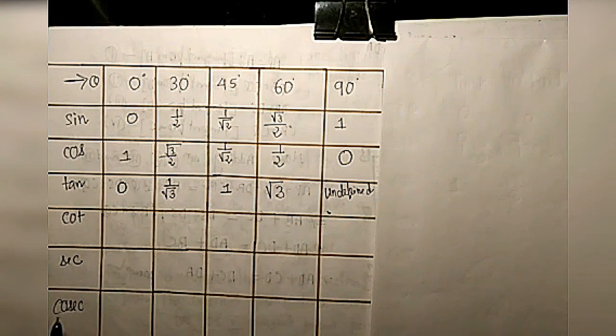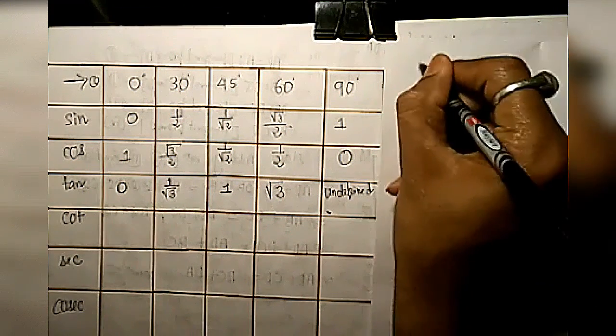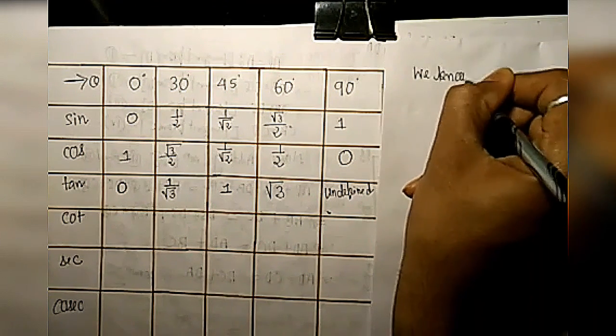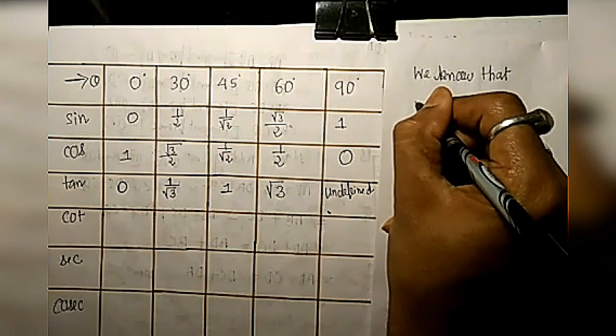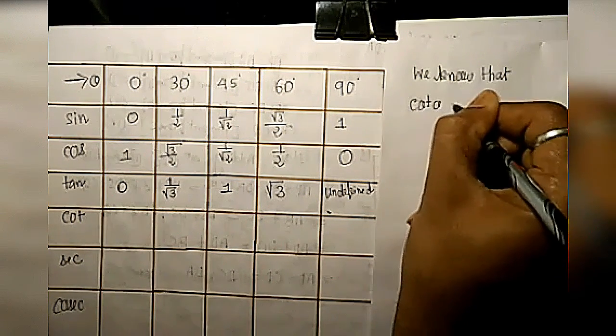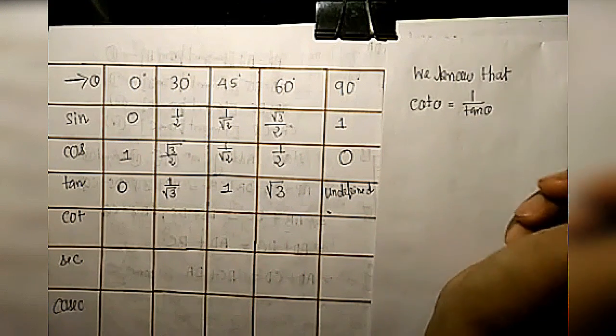Next, cot, sec and cosec. Now we have to find the value of cot. We know that tan and cot are reciprocals, as we have already learned in the relationship between the trigonometric ratios. So cot theta equals 1 by tan theta.